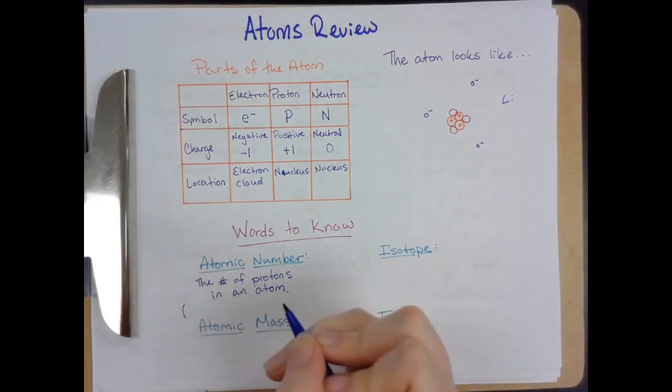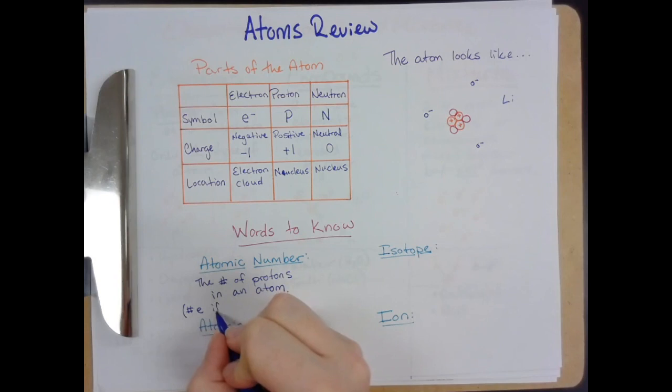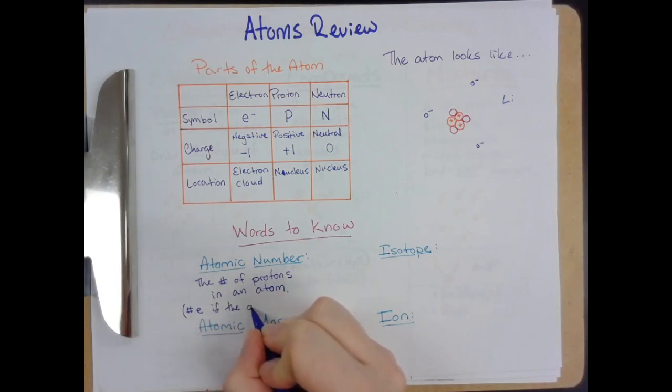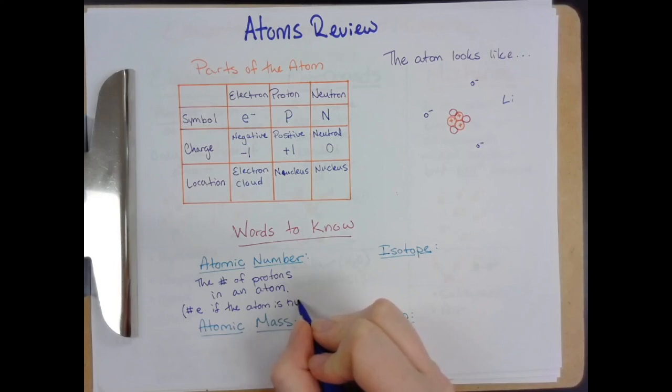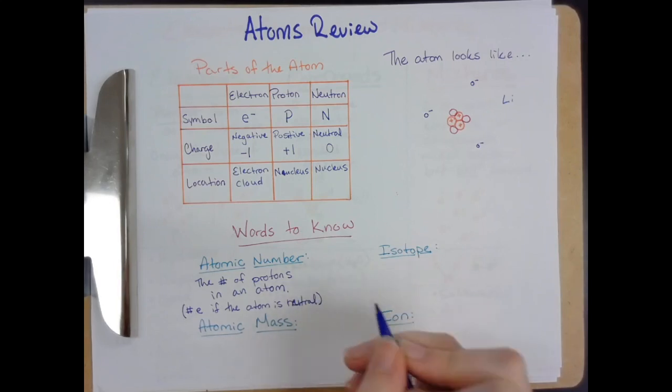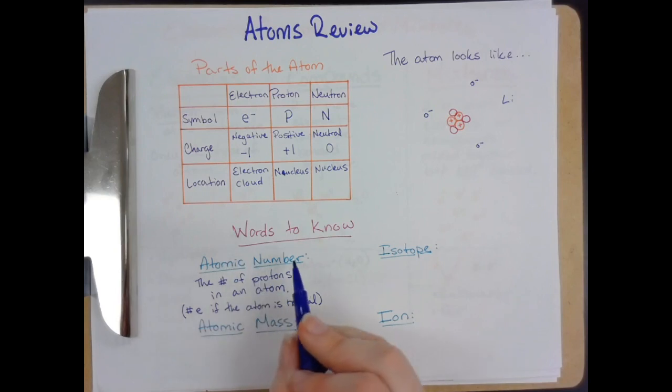So I'm going to also say number of electrons if the atom is neutral. So if the atom is neutral, I have an equal number of protons and electrons. So atomic number is the number of protons.